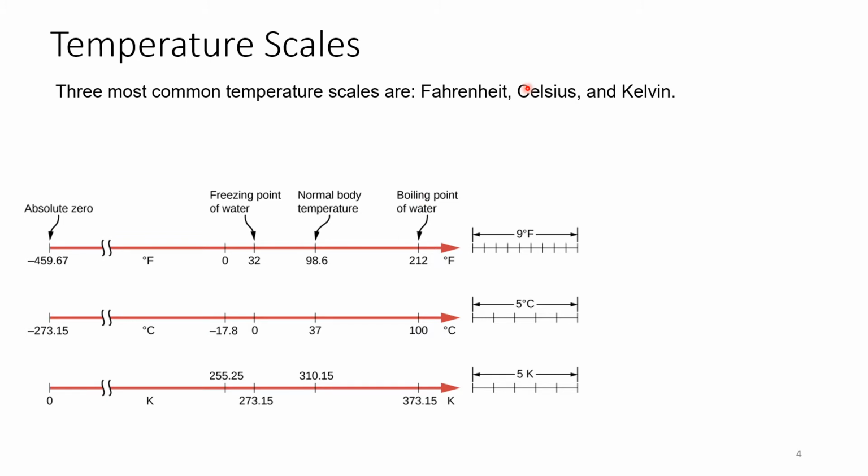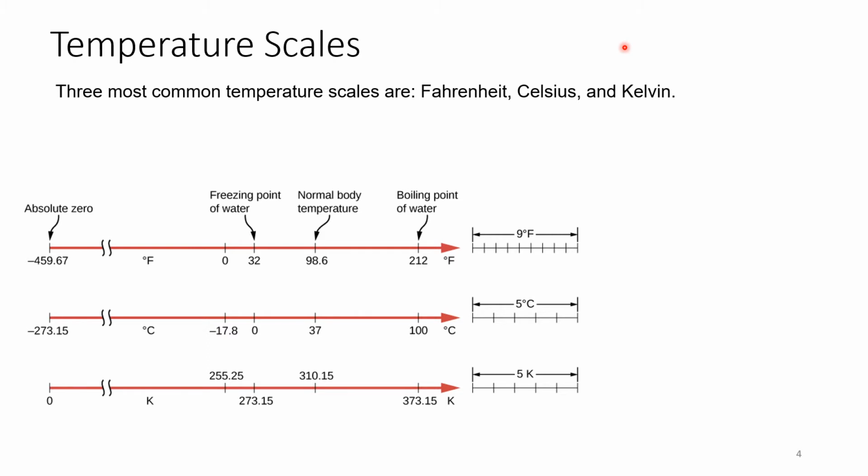The Celsius scale has the freezing point of water at 0 degrees Celsius and the boiling point at 100 degrees Celsius. Its unit is the degree Celsius. On the Fahrenheit scale, the freezing point of water is at 32 degrees Fahrenheit and the boiling point is at 212 degrees Fahrenheit. The unit of temperature on this scale is the degree Fahrenheit.